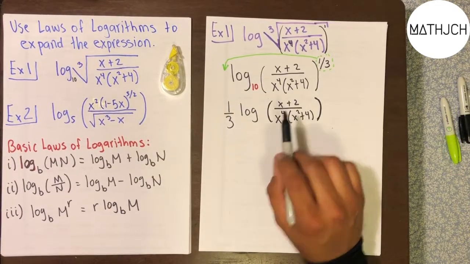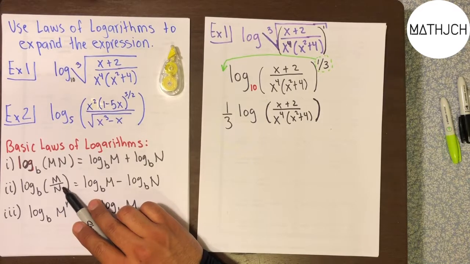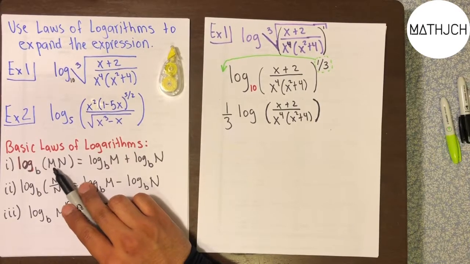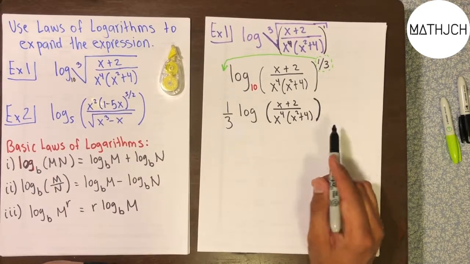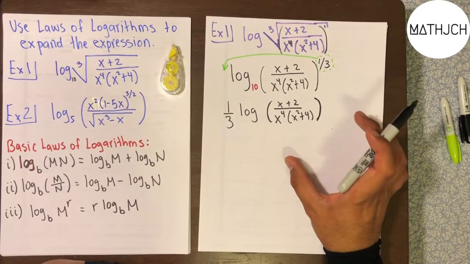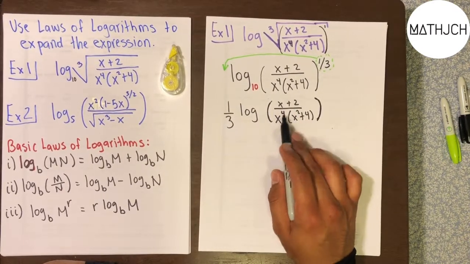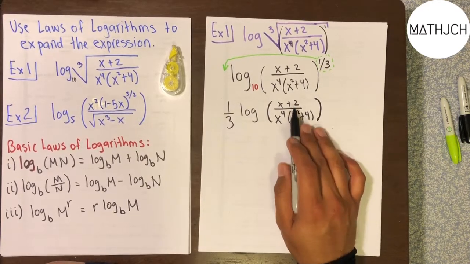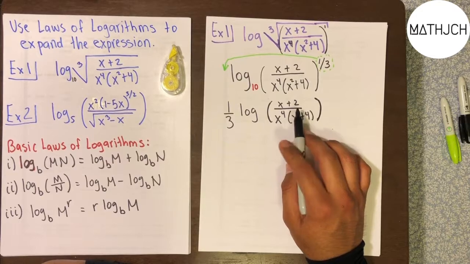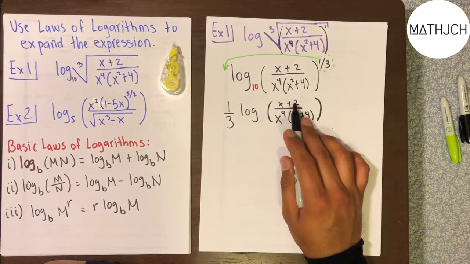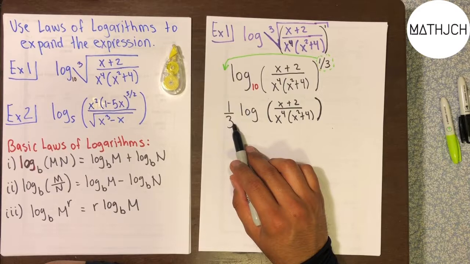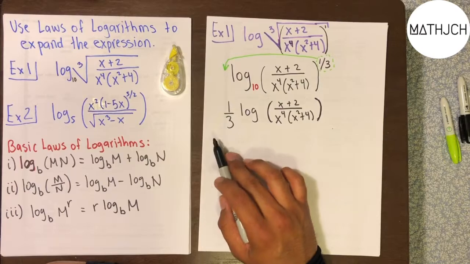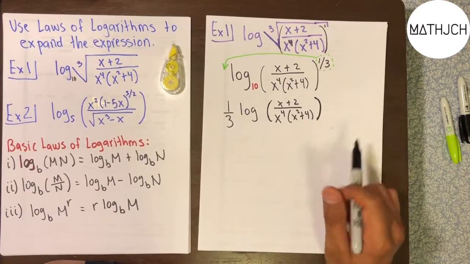We know that we're going to be using basic law number 2, which is a division, and a multiplication in the denominator. But first, let's do the big idea here, which is the division. So it's a good idea to start with the division. And remember, this 1/3 is outside of all of this that we're going to do, so we're going to keep it outside of everything.